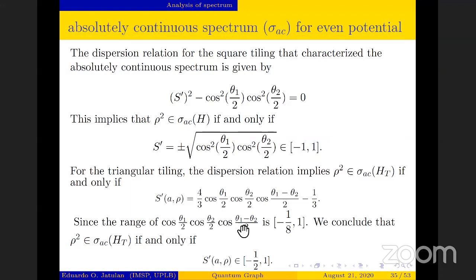And since the range is from -1/8 to 1, we conclude that this is in the spectrum of the triangular tiling if and only if S prime of A is in this given interval.